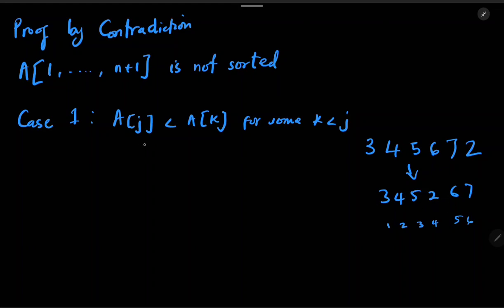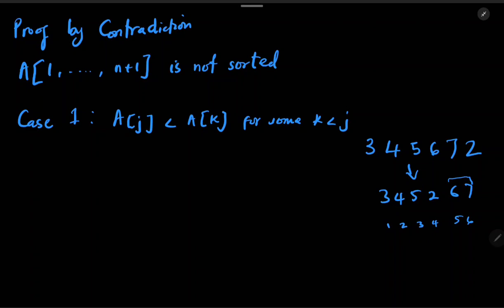So we can say that this is case 1, because 3, 4, 5 is greater than 2, while 6, 7 is greater than 2. So this position, in the way that it's been sorted, is correct, but this isn't, because all the numbers before 2 are supposed to be less than 2.